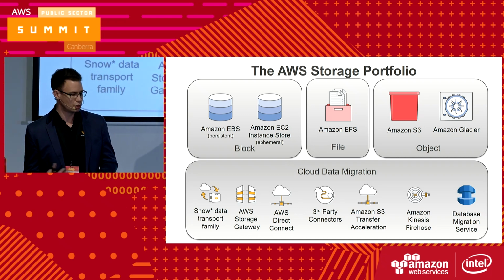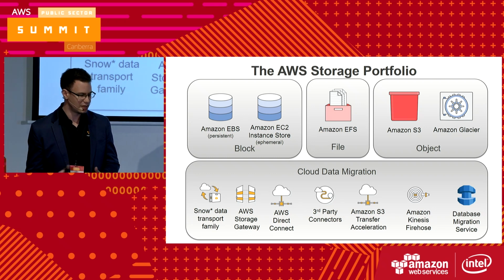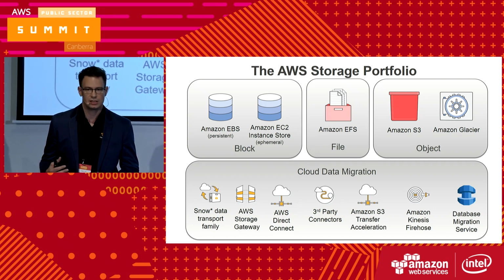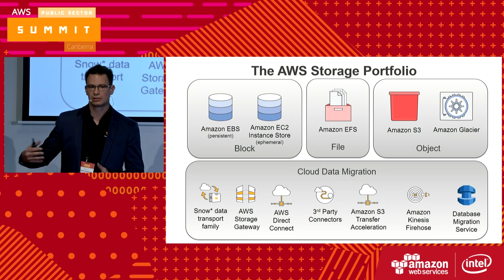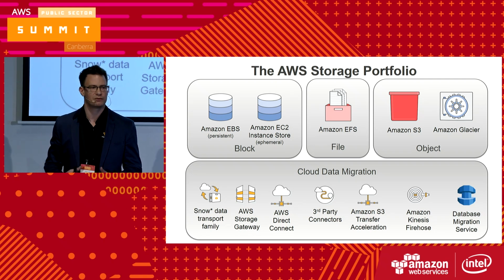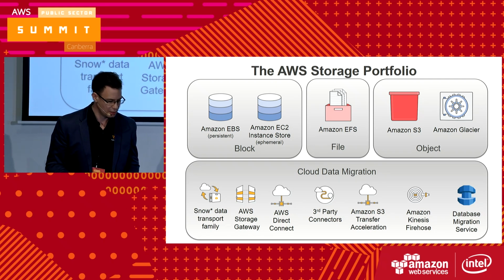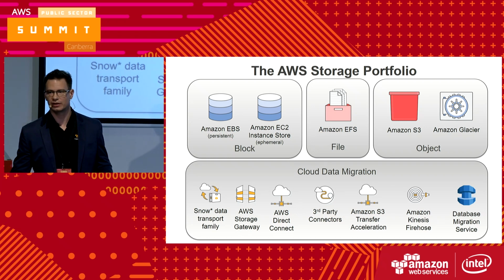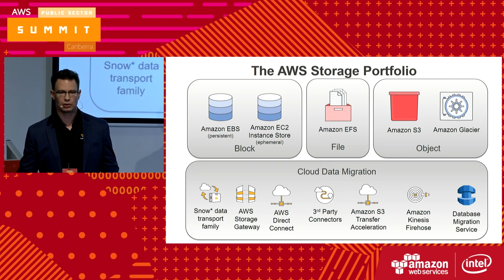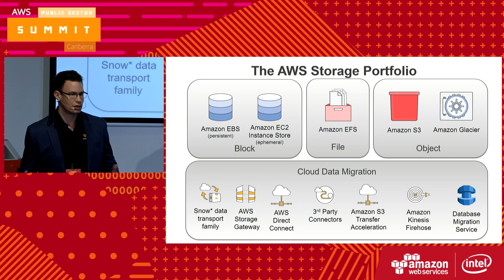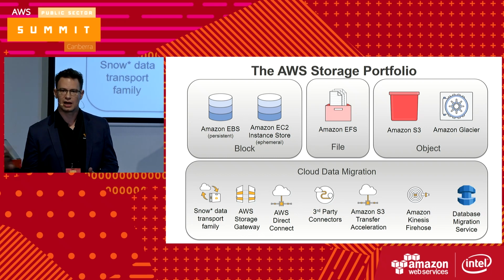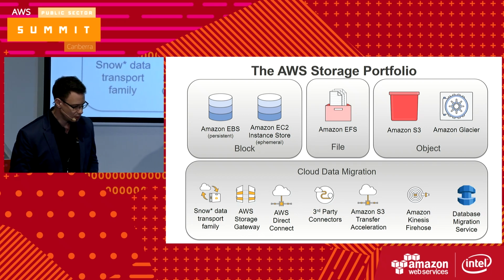You're probably familiar with the Snowball for being able to move large amounts of data very quickly. The Storage Gateway for being able to treat our object storage as if it's part of your on-premises capability. AWS Direct Connect for having a private leased line through to AWS, and also to be able to egress data at a lower rate.